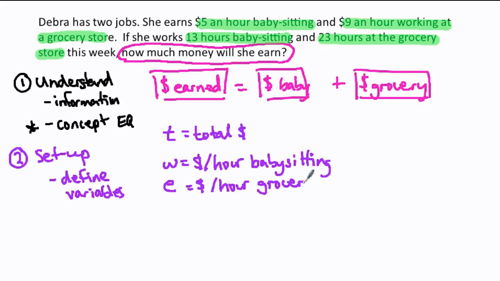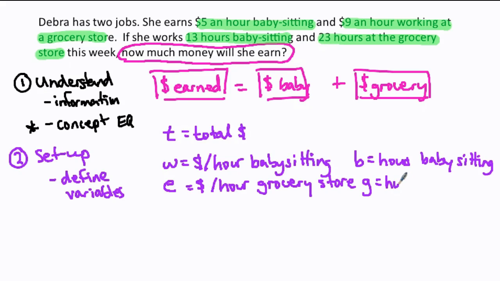And there's really no right way to define variables, but it should have some sort of connection. I now have the amount of time spent babysitting. So I'll just call that one B equals hours babysitting. And lastly, I have the amount of time she spent at the grocery store. I'll call that G equals hours grocery.